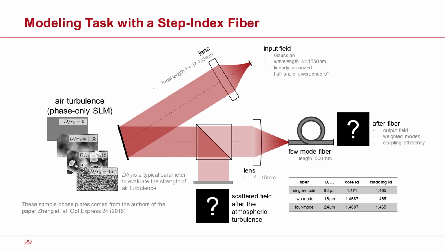And as we can read on the slide, d over r0, that parameter, is a typical way of evaluating the strength, the magnitude of that atmospheric turbulence. And we try with different values of that characteristic parameter.